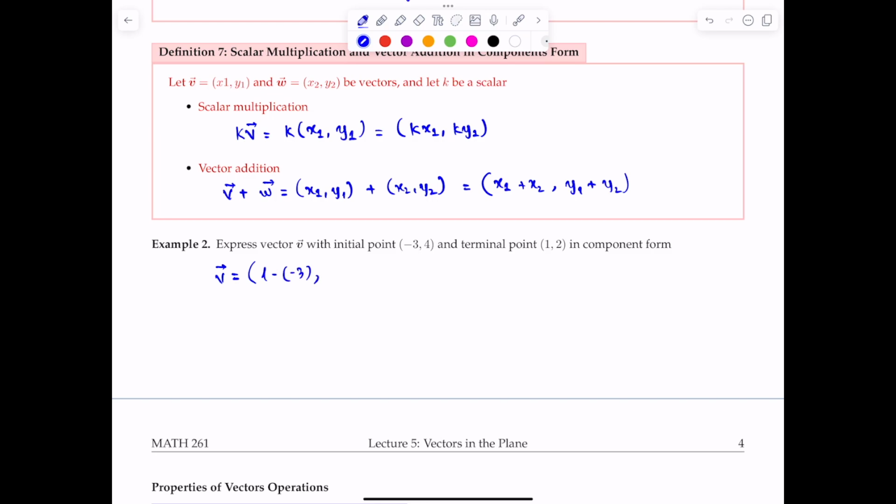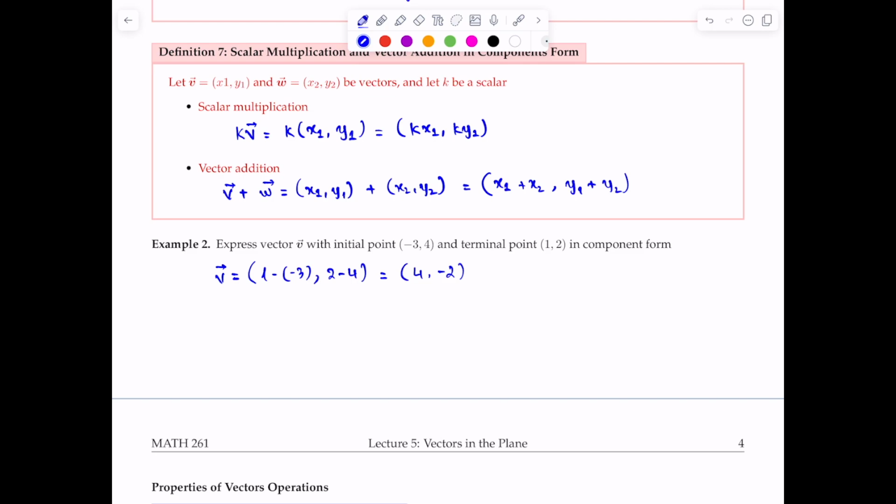And for the y component, you take 2, subtract 4, and you get this to be 4, -2. So this is the vector v expressed in component form.